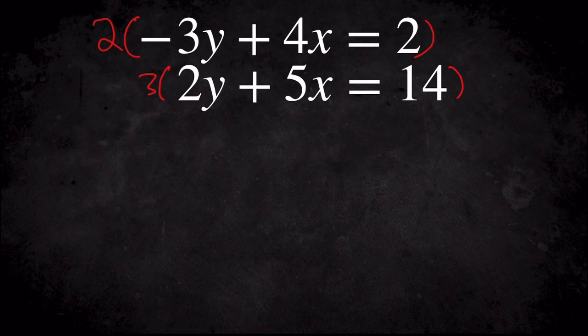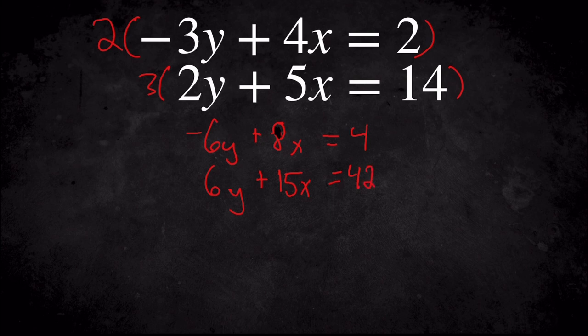Now we're just going to have to solve. So negative 3y plus 4x would become negative 6y plus 8x equals 4. And the bottom equation would become 6y plus 15x equals 42.